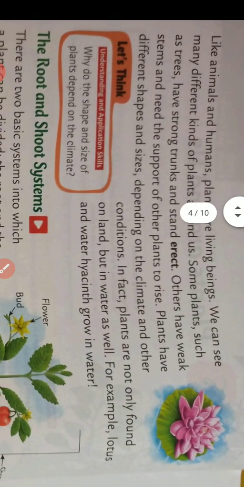Like animals and humans, plants are living beings. We can see many different kinds of plants around us. Some plants, such as trees, have strong trunks and stand erect. Erect means they stand straight, up.